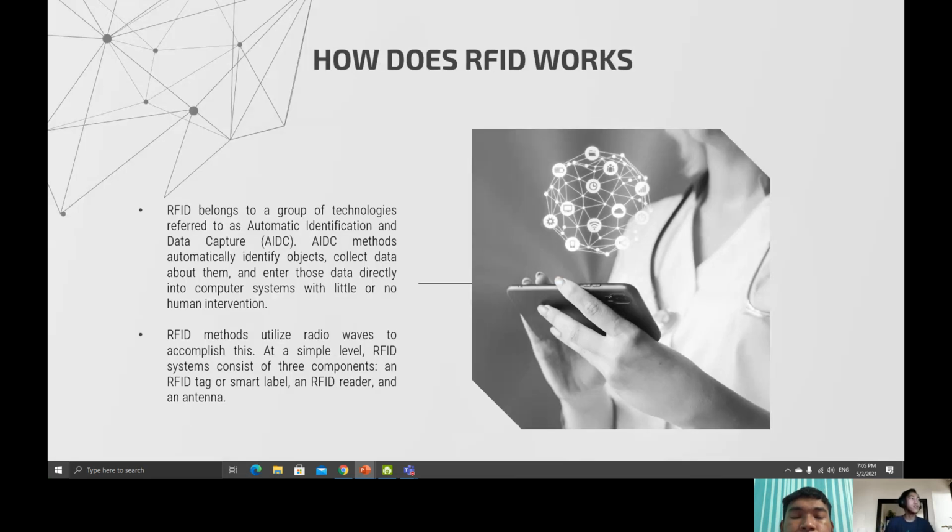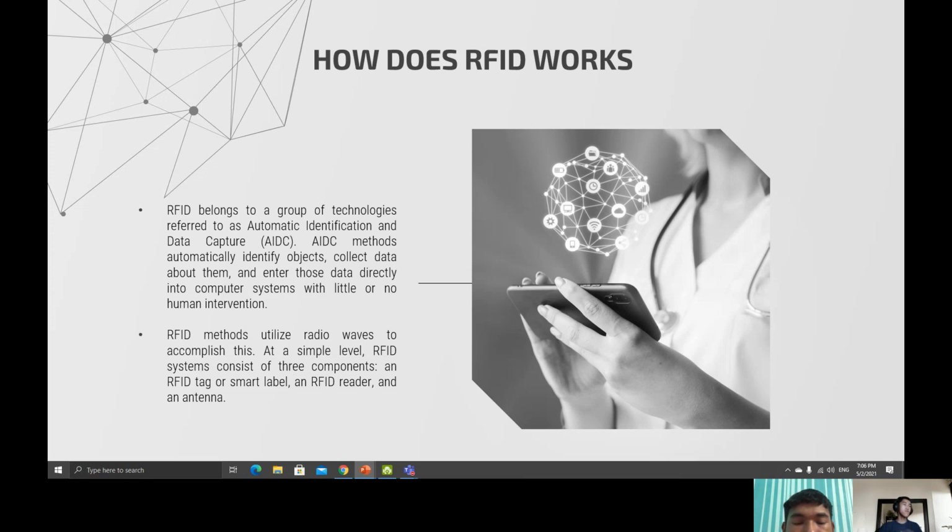How does RFID work? RFID belongs to a group of technologies referred to as automatic identification and data capture (AIDC). AIDC methods automatically identify objects, collect data about them, and enter those data directly into a computer system with little or no human intervention.